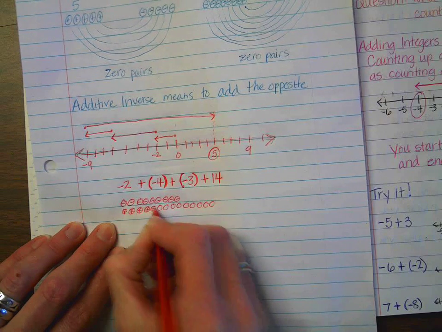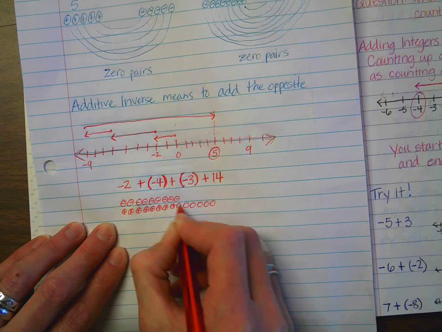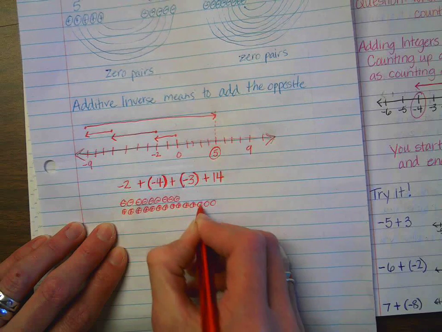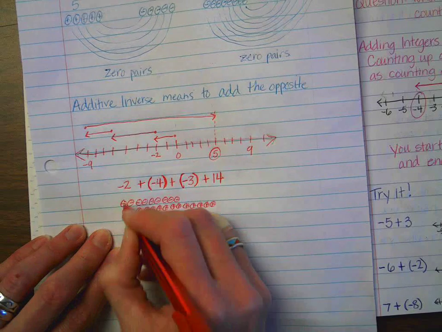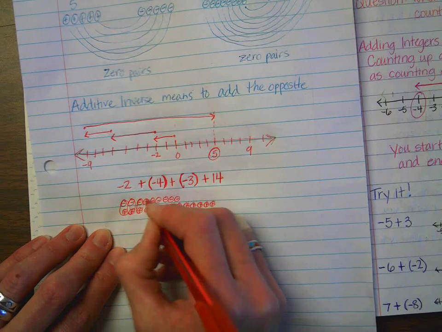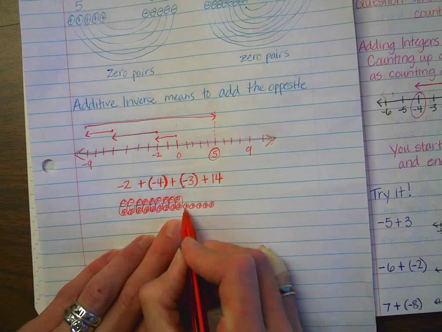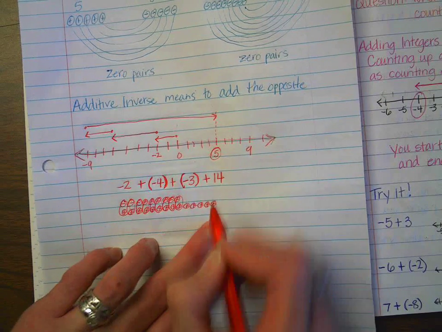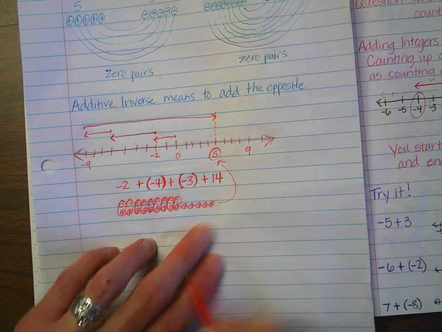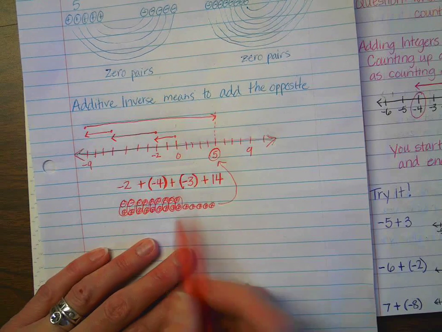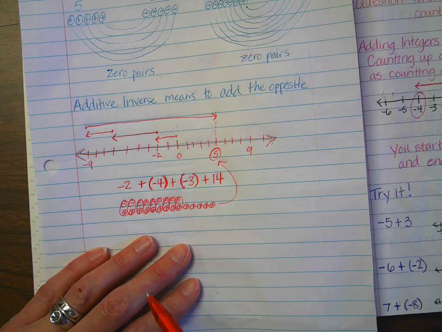These are all positives, so when we check it, we get 0 pairs, 0 pairs, and so on. 1, 2, 3, 4, 5. Ta-da! It matches.